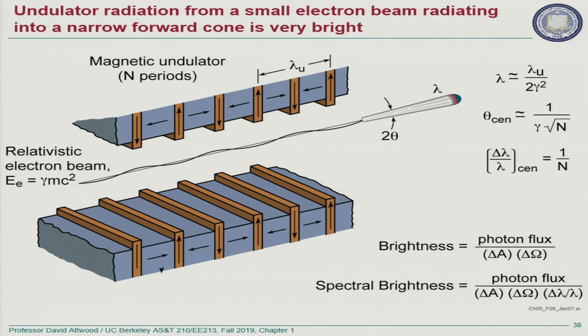And that is going as 1 over gamma root N. So if you increase the number of periods in your undulator, you'll get more spatial coherence. And then the temporal coherence also is going to increase. So the more periods you have in the undulator will give you more coherent light in the central cone.